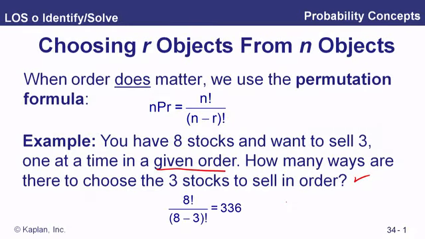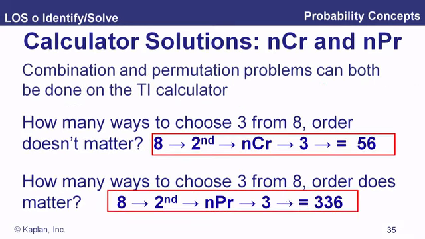And so now we get a bigger number instead of what we had, 56 before. Now, given order is important, we've got 336 different ways to do it. And here are the calculator buttons for those solutions on the TI calculator.